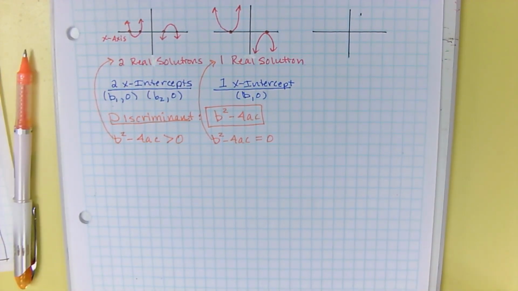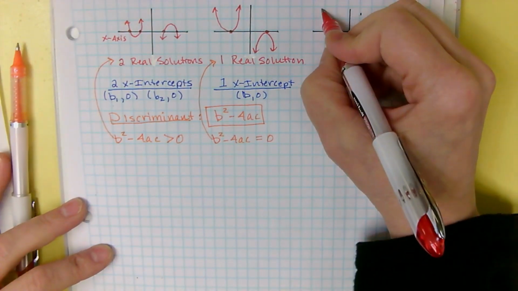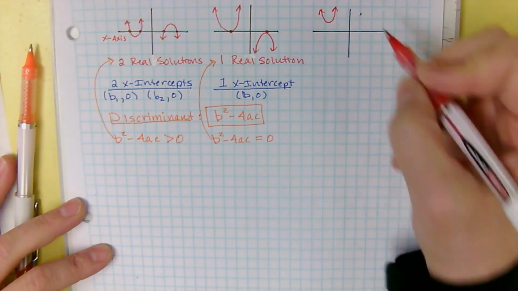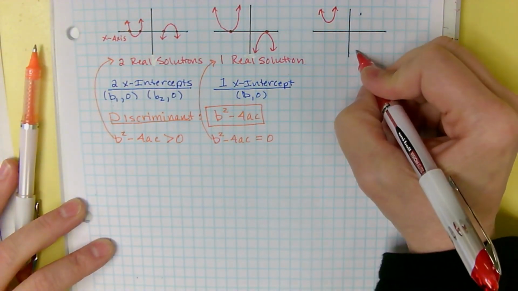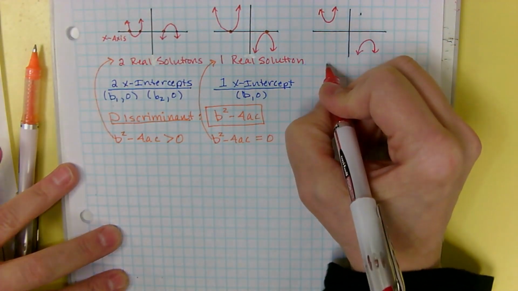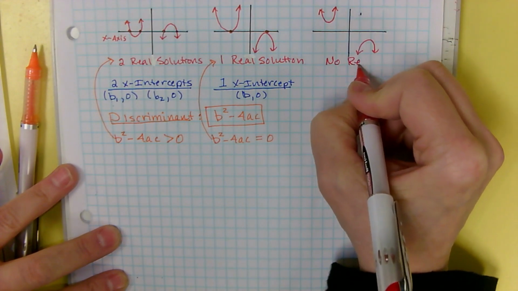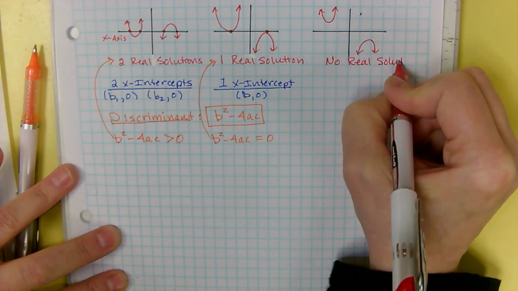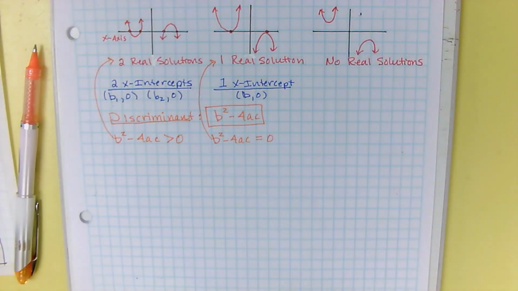Okay, the third scenario is your parabola does not cross the x-axis. It floats in space, either opening up or opening down. It does not cross at all. That means there are no real solutions, just like what we did on the previous page where we got no real solution.